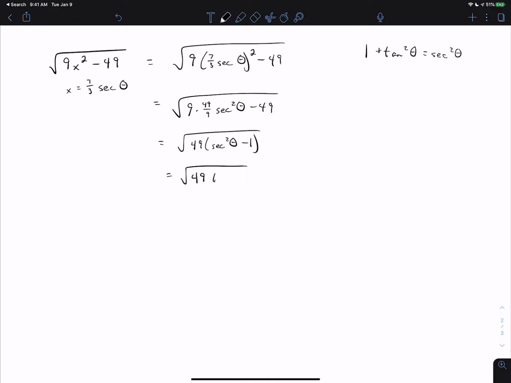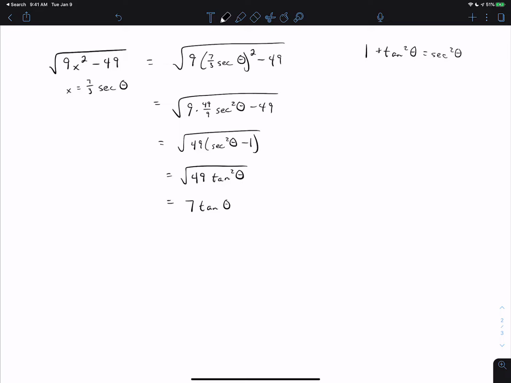So we can replace secant squared theta minus 1 with tangent squared theta. That has now changed the subtraction into multiplication. And so we get 7 tangent theta. Again, we're ignoring the absolute value part for now, but aside from that, what is happening with each of those steps should make sense given the substitution x equals 7/3 secant theta.